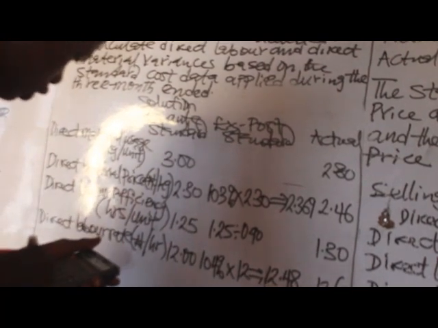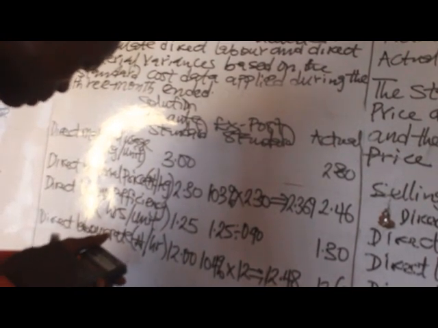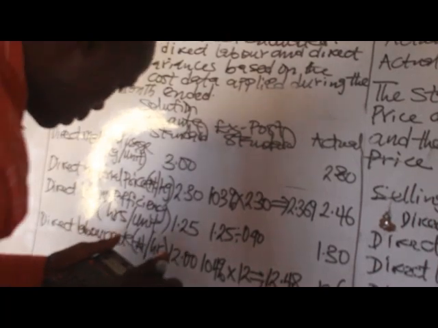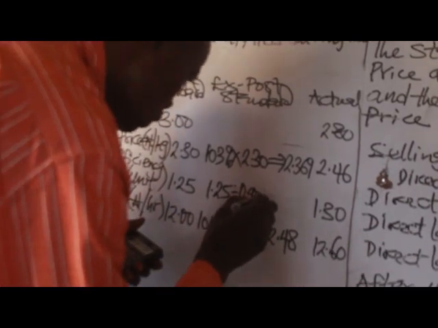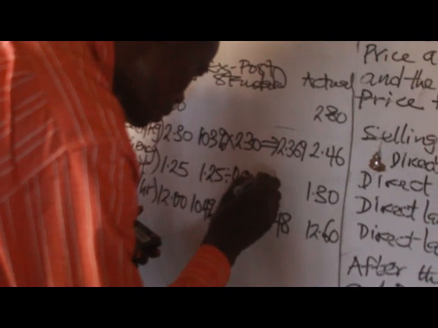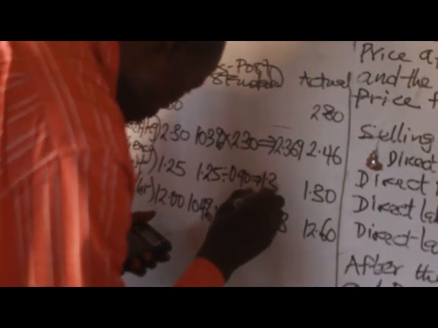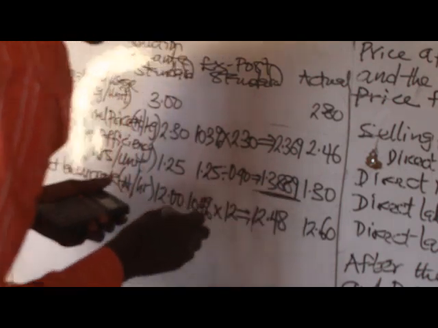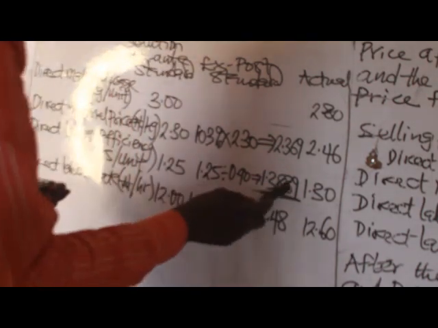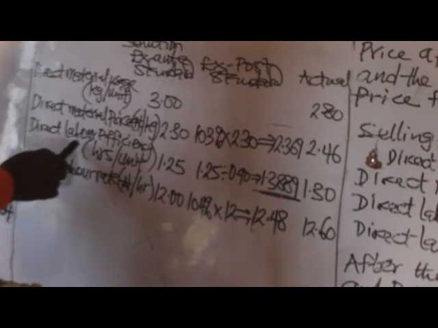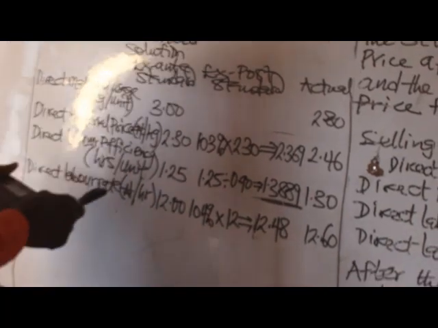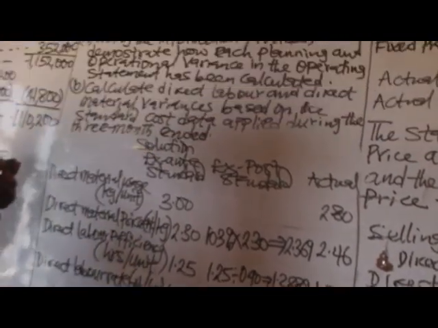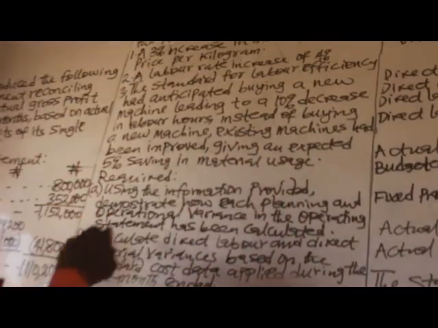So 1.25 divided by 0.9, then you have 1.3889. This is the ex post standard hours per unit. So that is for that.